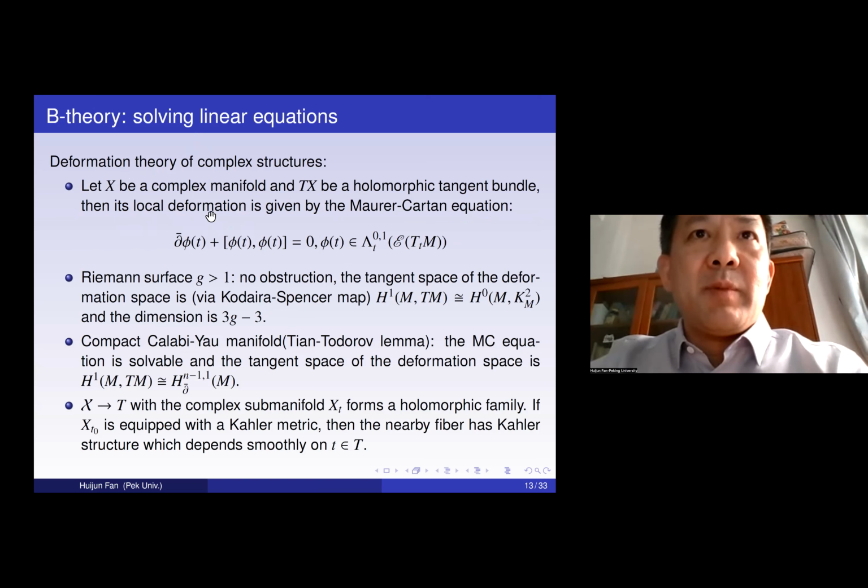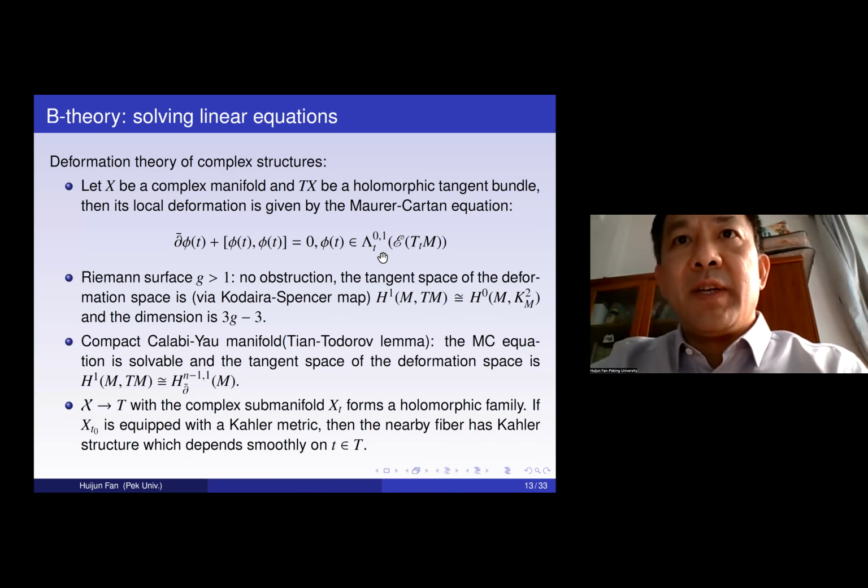Then its local deformation of complex structure is given by the Maurer-Cartan equation. This is also a mildly nonlinear equation. We have partial bar phi plus the Lie bracket of phi and phi equals 0, and we try to solve this equation near one point.